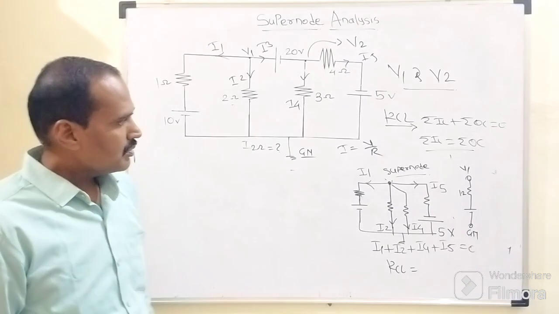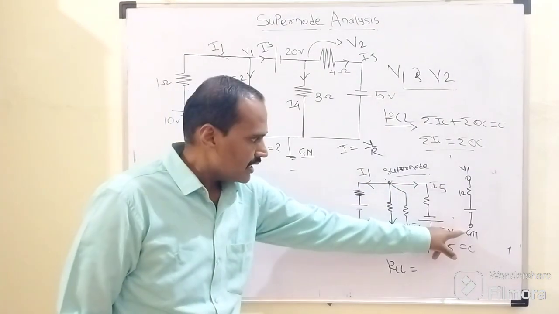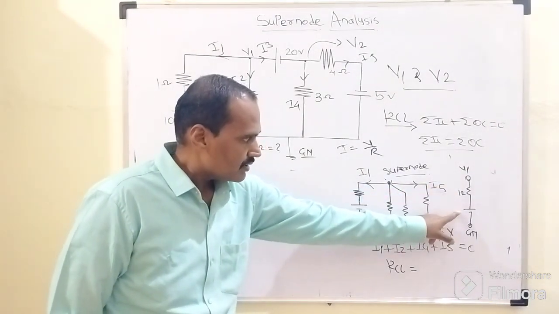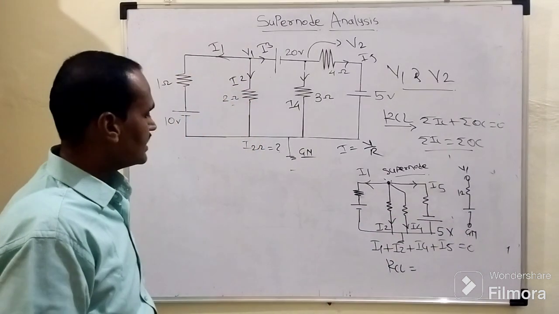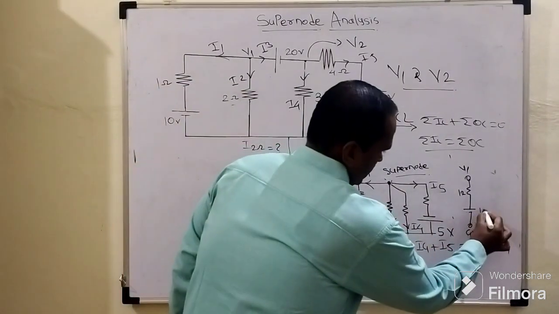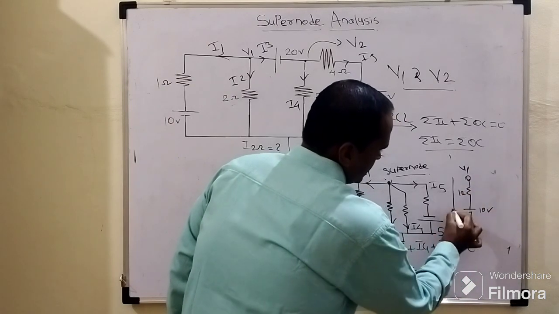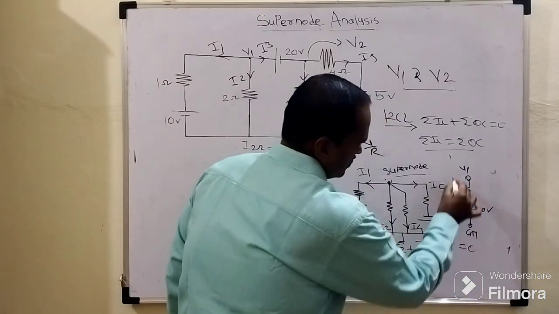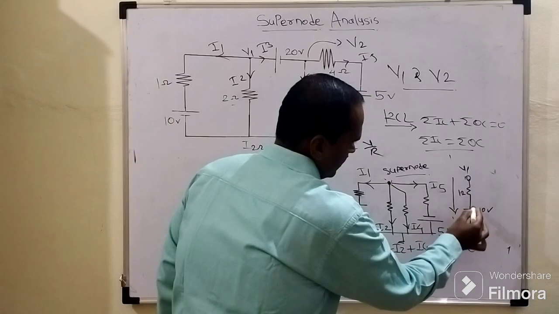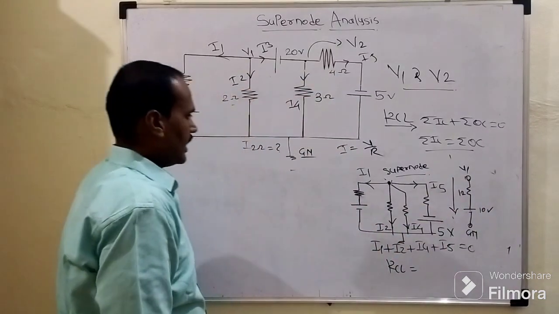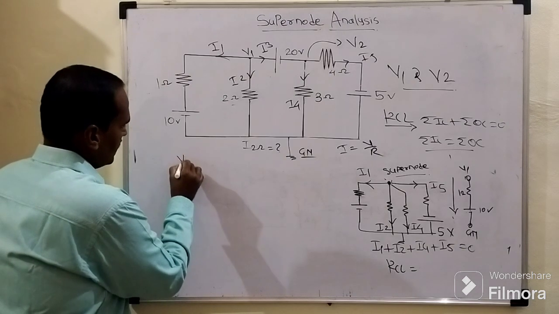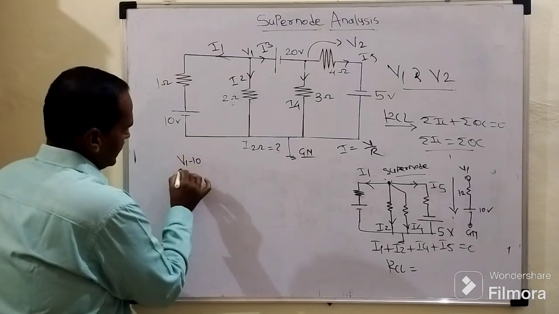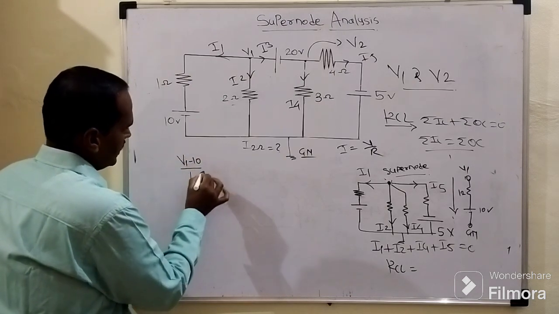So according to Ohm's law, I equals V by R. So V minus, we need to map the potential of this battery, which is 10 volt, right? The direction of current is outgoing from this node, so due to this outgoing direction, V1 minus 10 upon 1. This will be the current equation for I1. So it will become V1 minus 10 upon 1.